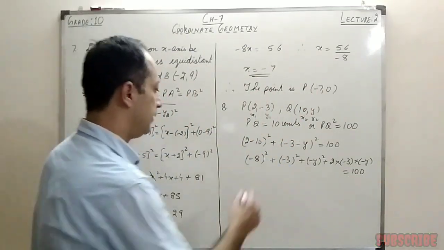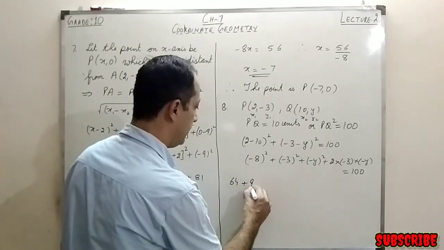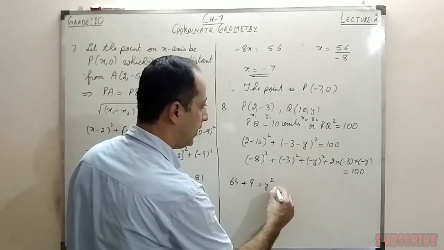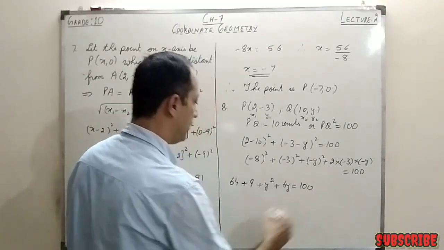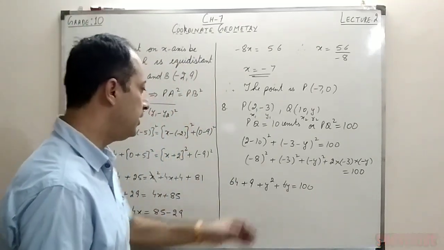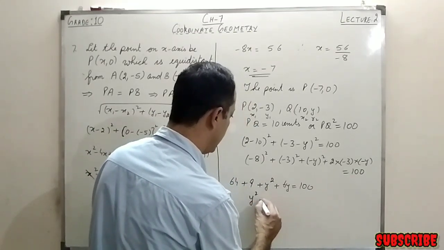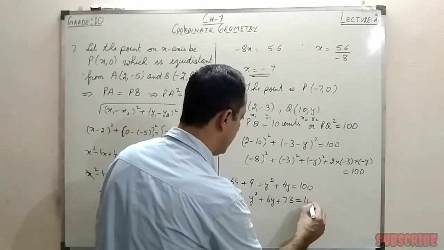Now, this is 64 plus 9 plus y square, and this is plus 6y equals to 100. Right, now this will be 73. So if I rearrange it, this is y square plus 6y plus 73 equals to 100.